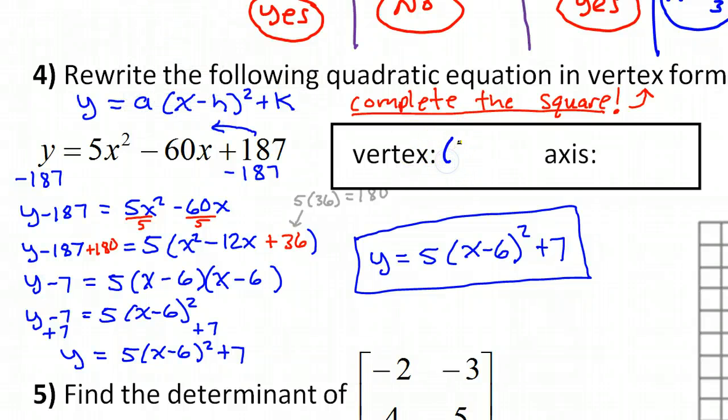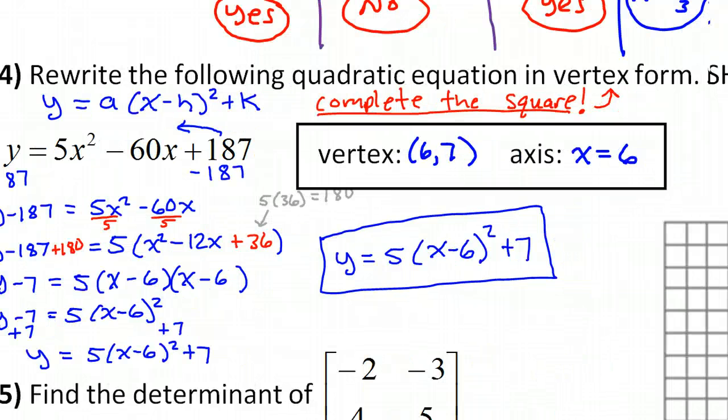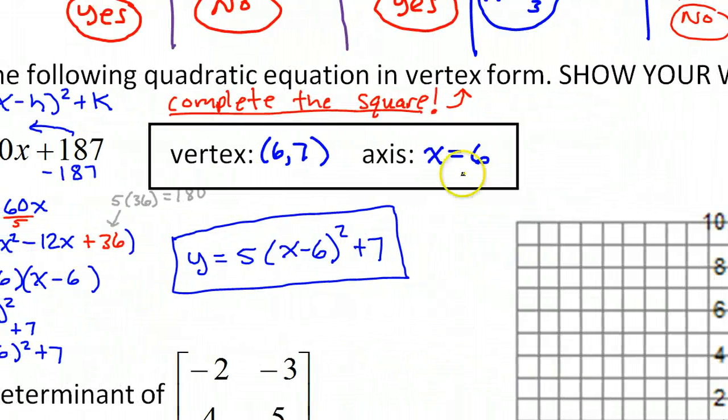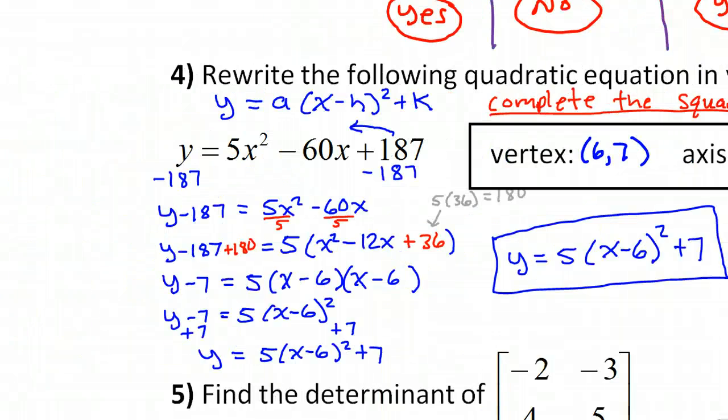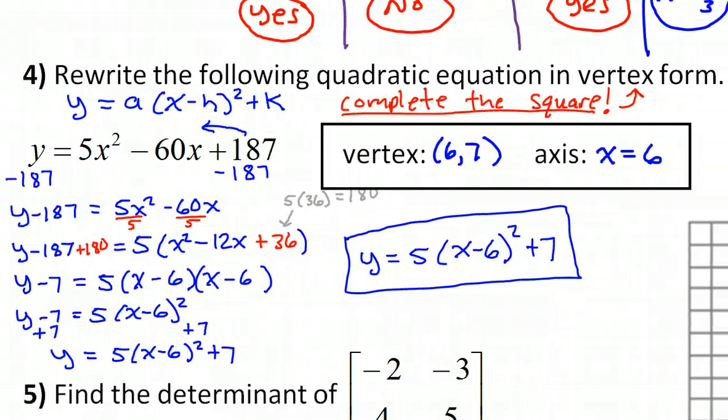The opposite of this one, comma, that one. And then the axis of symmetry is always going to match the x value here. So x equals 6. So that means there would be a vertical line down the middle of the parabola at 6. So that's it. That's how you rewrite an equation in vertex form. I've got to remember to add this to your paper.